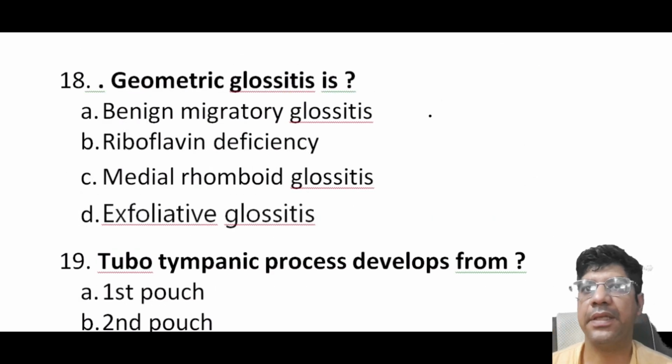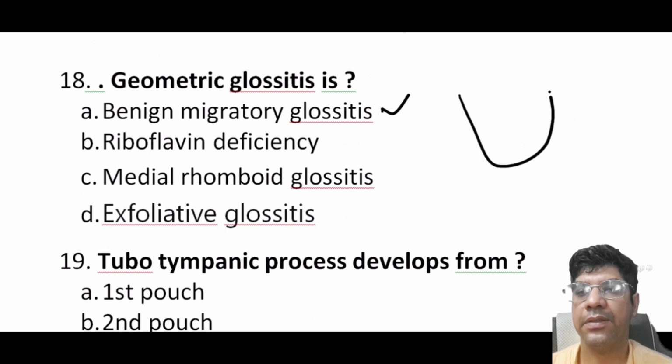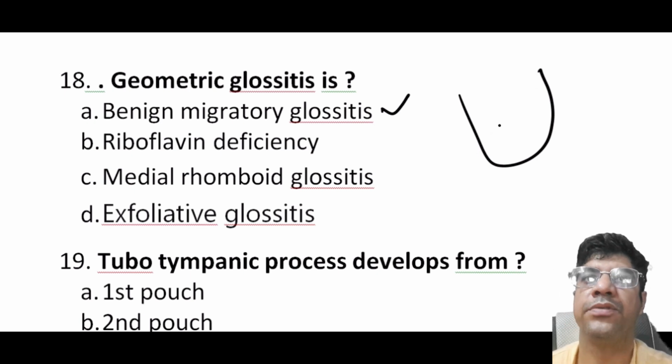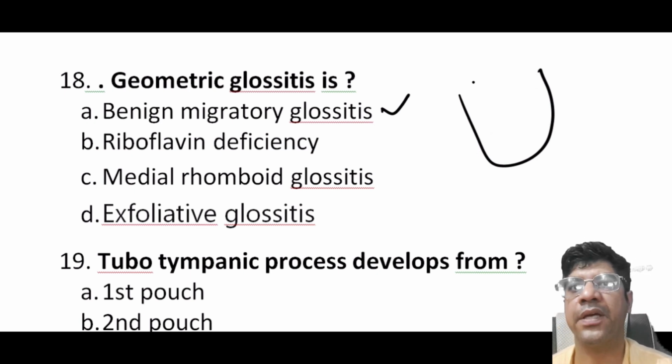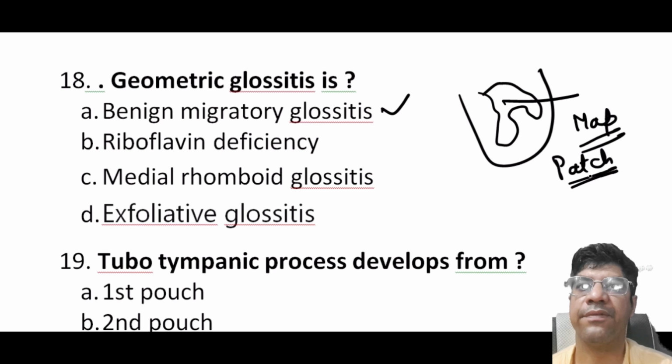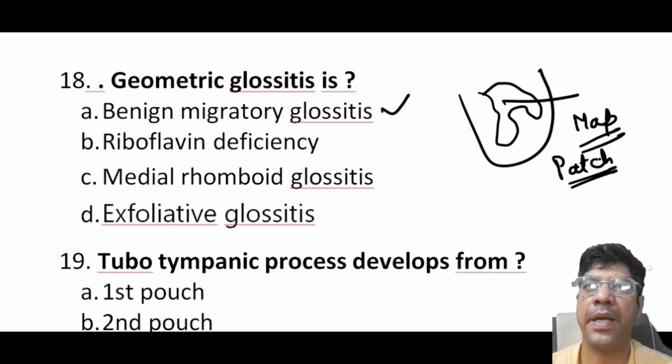Geographic glossitis is another name for benign migratory glossitis. So benign migratory glossitis is a benign condition of the tongue that is characterized by irregular appearance or map-like patches on the dorsal surface of the tongue. So the term migratory means changing pattern of these patches, which can move or change shape over time.